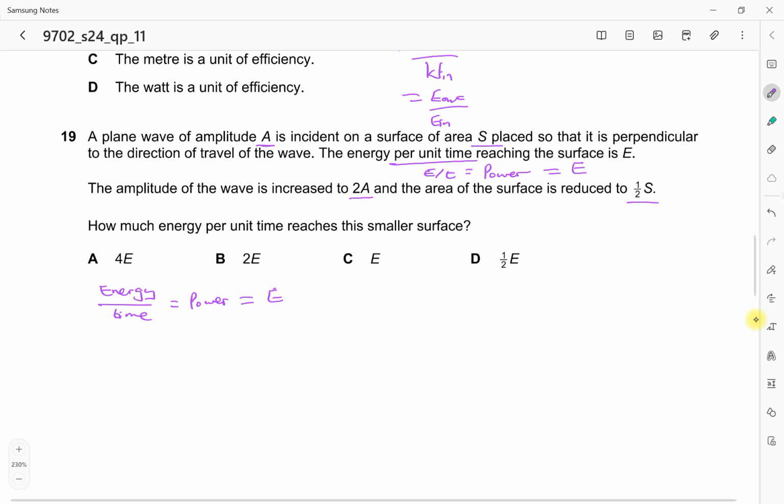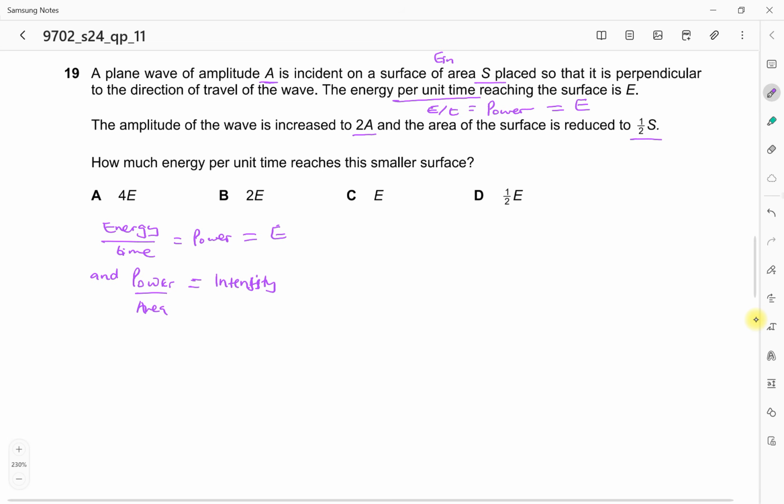And we also know power, because they've talked about amplitude, I must bring in the concept of intensity. And know that power over area equals the intensity. The power divided by area is equal to the intensity.